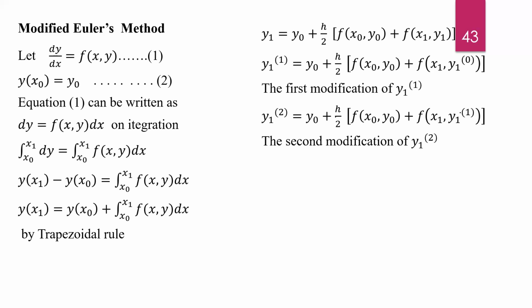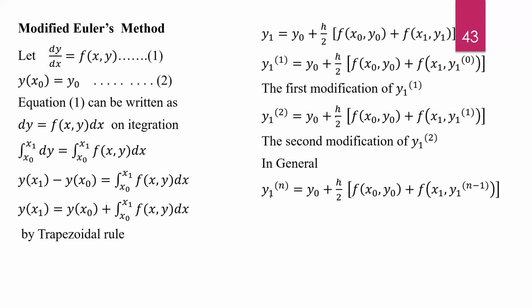In general we can write y suffix 1 raised to n is equal to y naught plus h by 2 in bracket f at x naught y naught, this term is constant as it is, plus f in bracket x1 comma y1 raised to n minus 1. This is the nth modification term of y1.